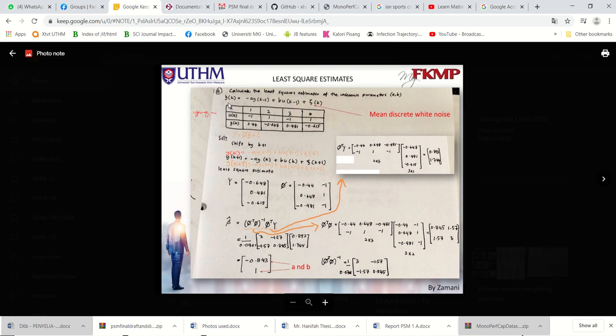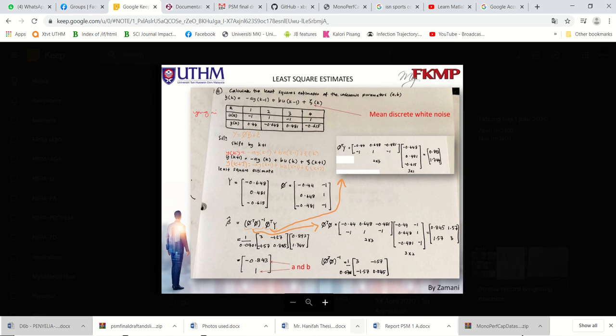We have an equation but we have unknowns, so we find the unknowns so that we can use this equation as the system's transfer function. Then we can find any values that are not given in the data set.